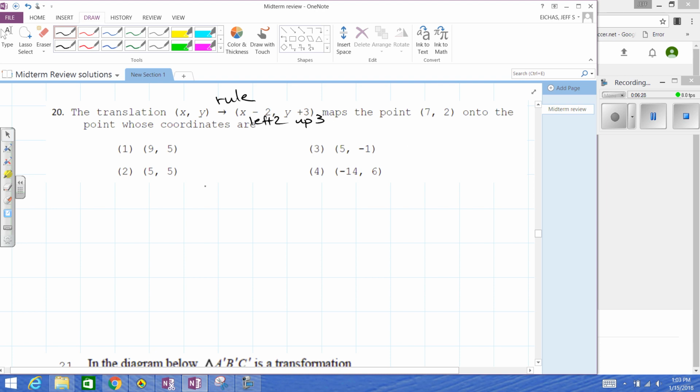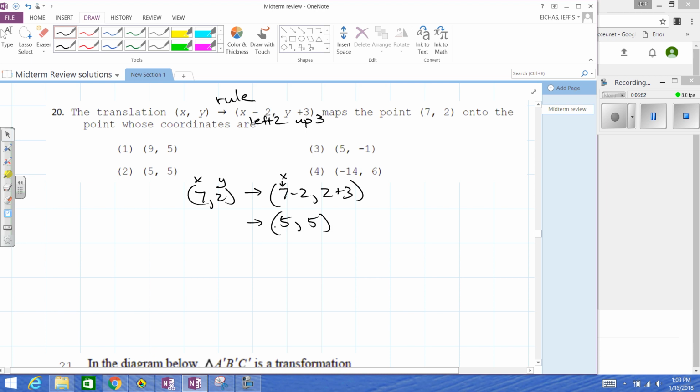We're taking 7, 2, and we're going to go 7 minus 2 because this is x, right? So 7 minus 2 goes there. This is y. So then we're going to put y in there as 2 plus 3.